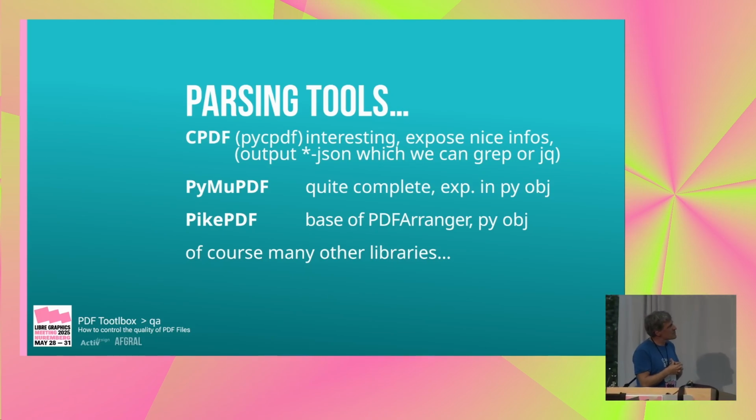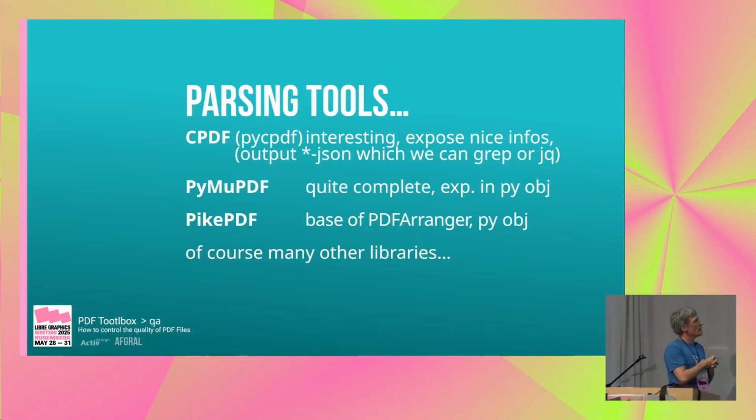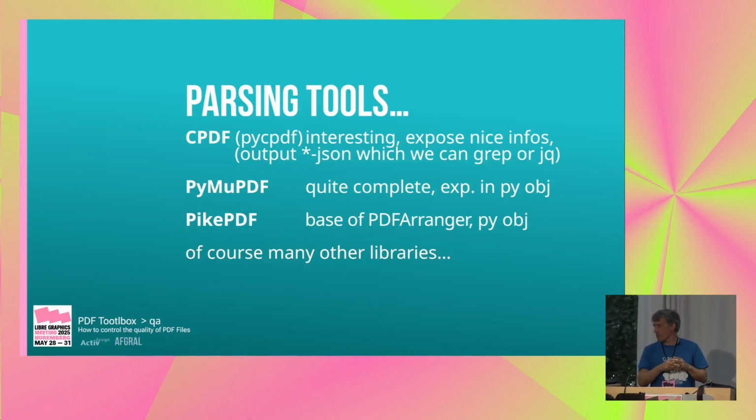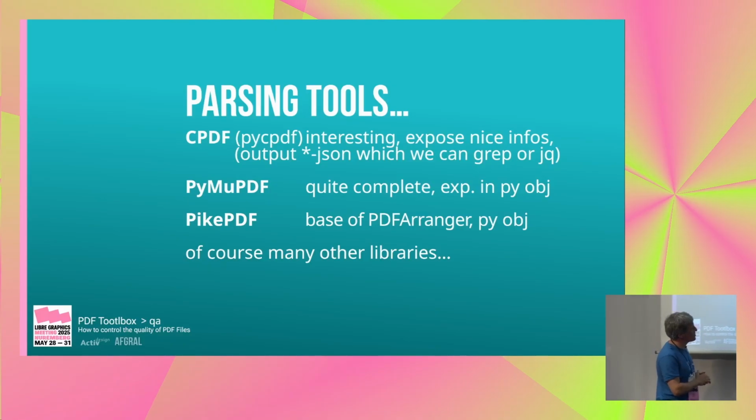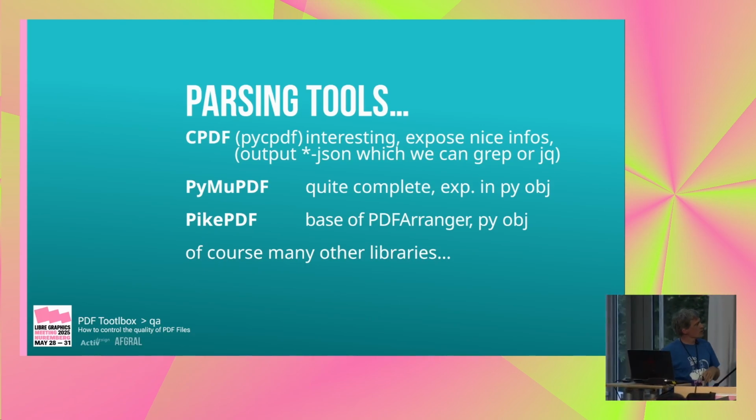The trouble with CPDF is that you cannot go very far in the analysis of your files because it's good for presets, but not anymore. But you have PyMuPDF, which is made by Artifex, the same company as Ghostscript, or PyPDF, which is used, for example, in PDF Arranger, which is a nice PDF merger. These are good tools we can use.